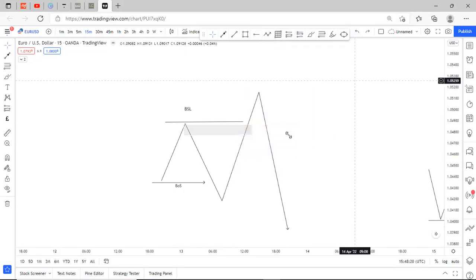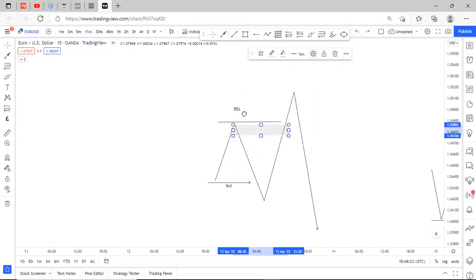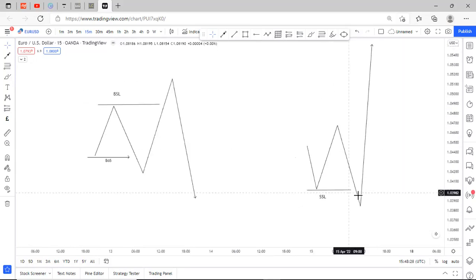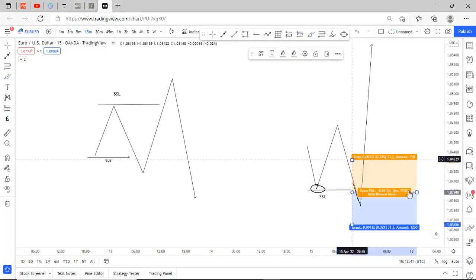Okay, so moving on to the sell side liquidity is just the same concept as well, whereby market pushes below the previous low or the last low that was created in the market, grabs this low, takes out people that trade breakouts, retail traders that trade breakouts.